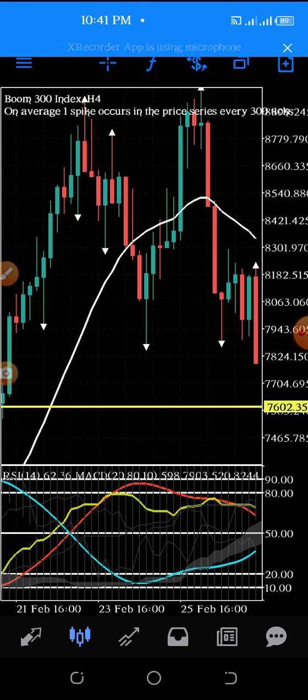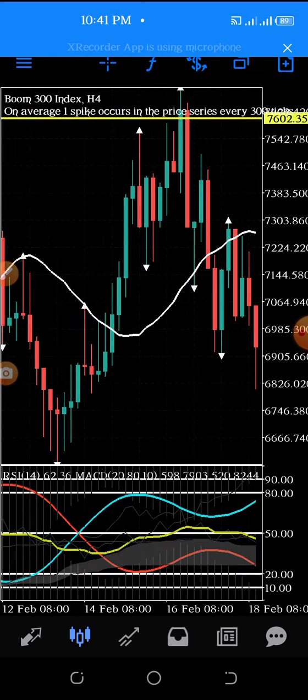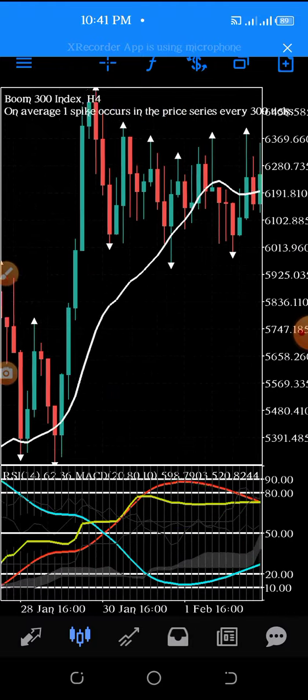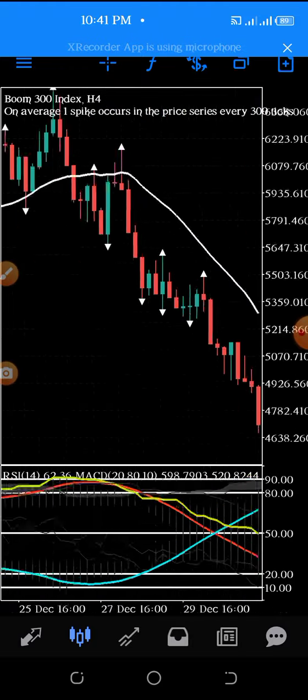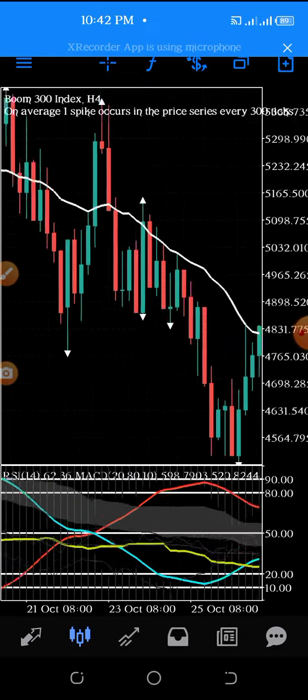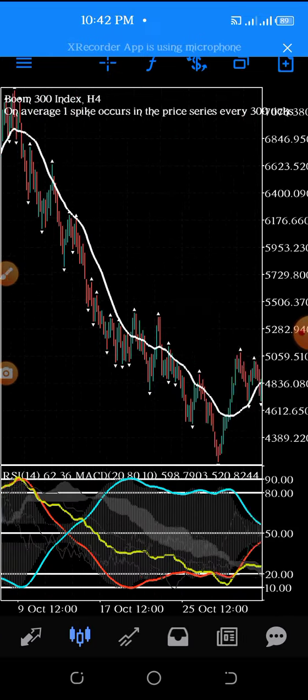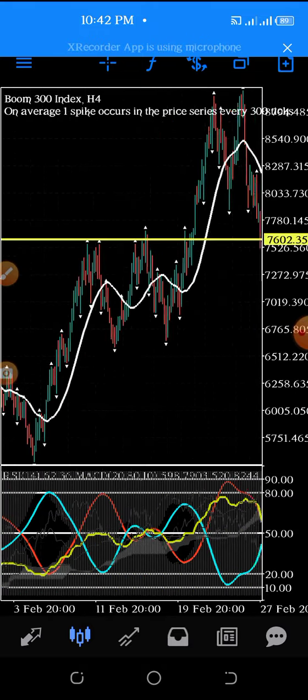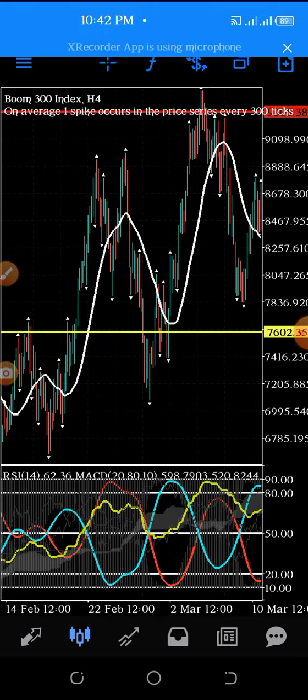That is more confirmation that the market will turn. But when it's only close, it's not a sure confirmation that the market will turn. To be on the safe side, just allow it to touch, allow the pin bar to be formed exactly at either the support or resistance.